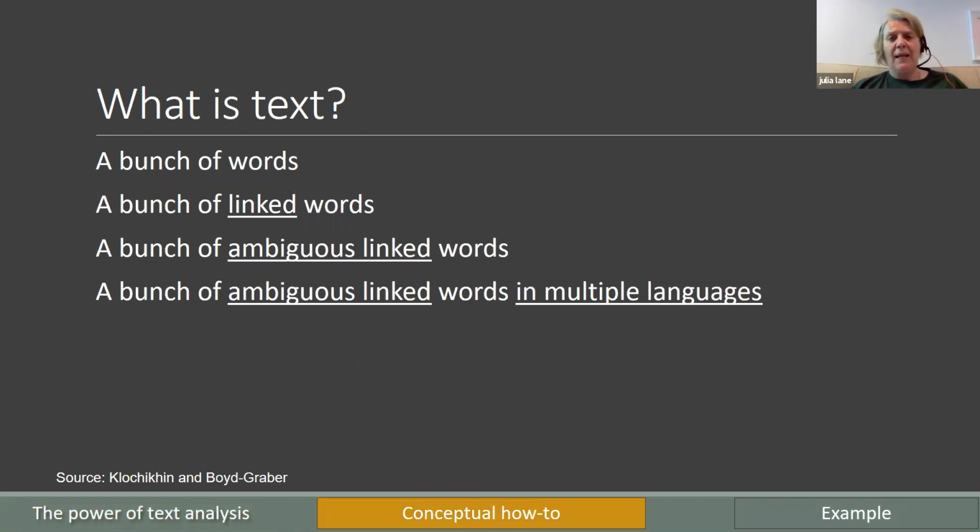But what do we mean by text? You think of text as a bunch of words, but actually it's a bit more than that. The words in a language are linked, and the way in which they're linked has meaning. Some of those can have ambiguity, so you've got to make sense of the semantic context. And of course, many of the words can be ambiguous in multiple languages.